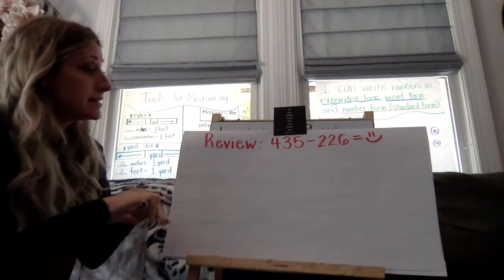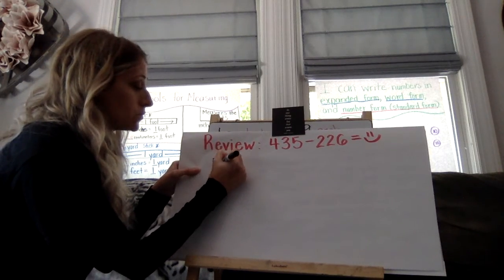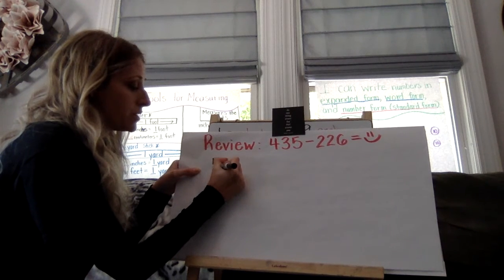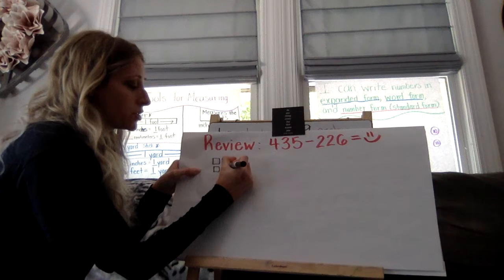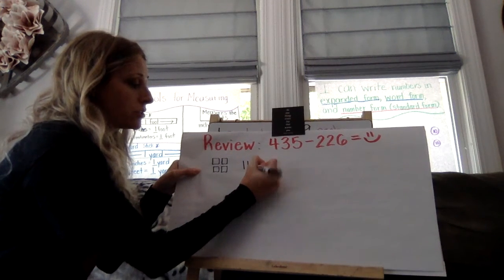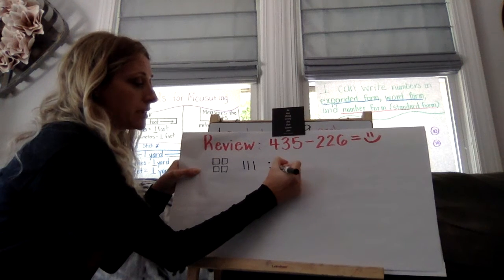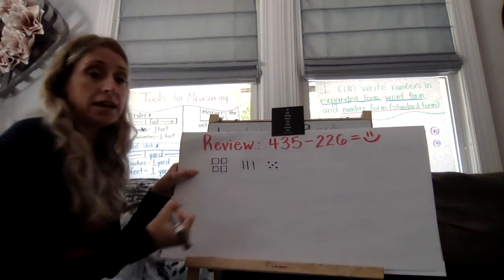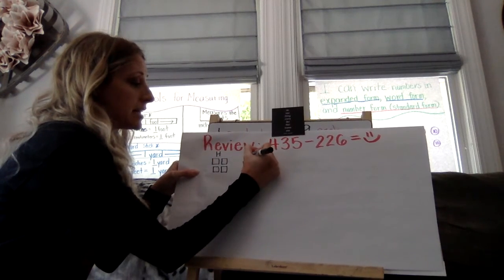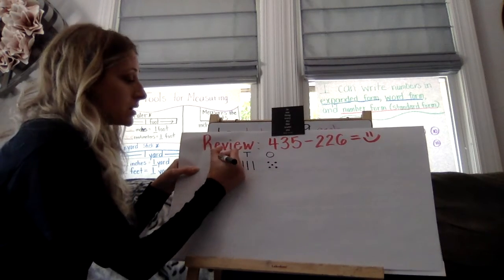Okay, so let's draw our 435. 100, 200, 300, 400, 10, 20, 30, 1, 2, 3, 4, 5. And if it helps you to label your hundreds, tens, and ones, I suggest that you do that.